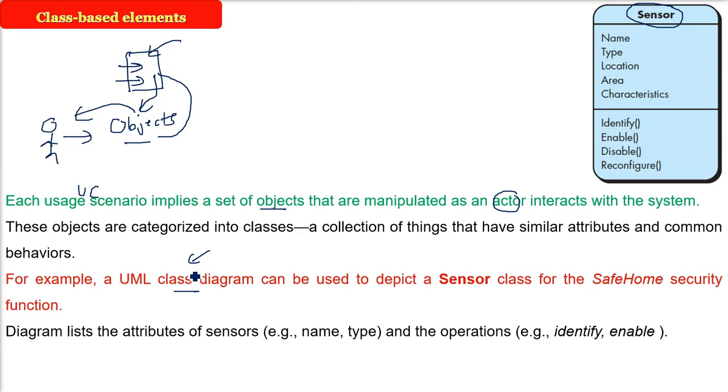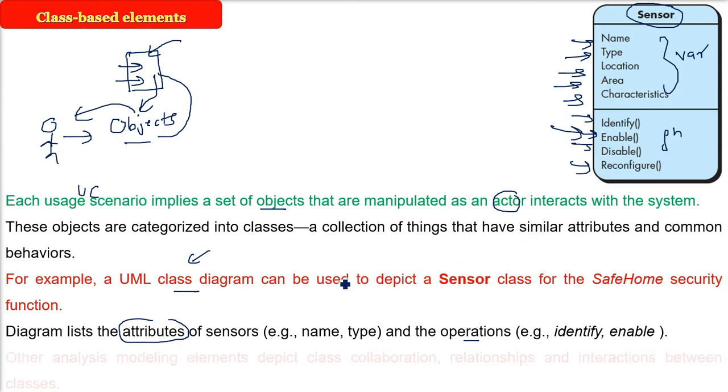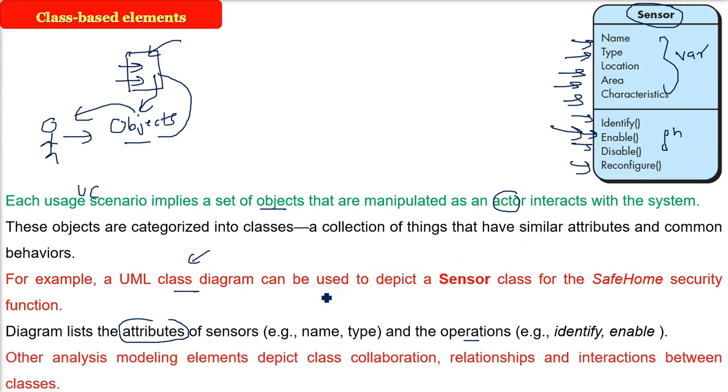Variables are nothing but the attributes we are talking about, for example name, type, location, area, characteristic for a specific sensor. Now, what are the functions or operations which the sensor is going to do? Identify, enable, disable, reconfigure. So the first part is the variables, and the functions work on these variables. We started with the actors and now we have come to the classes.